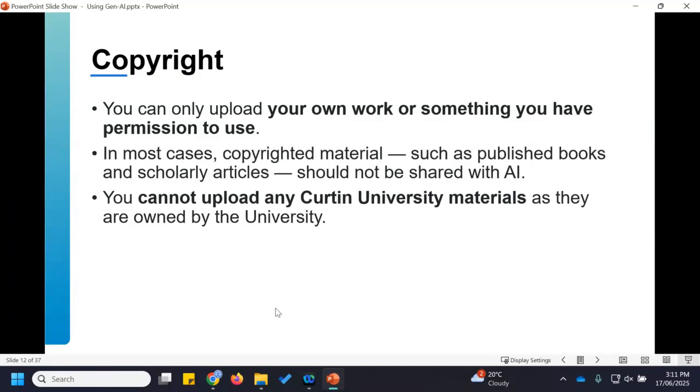So it's the IP that belongs to the university. So stuff like unit outlines, any materials that are produced by your academics, so by your lecturer, by your tutor, PowerPoints, notes they've given you, anything that they've written, those should not be fed into any Gen AI tool.